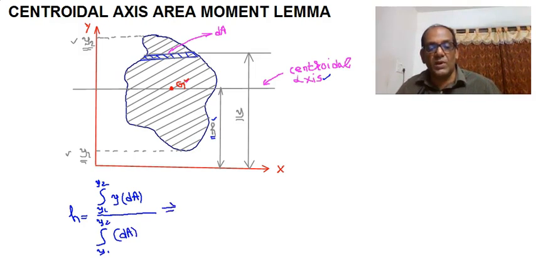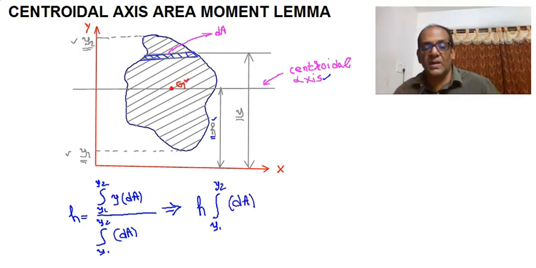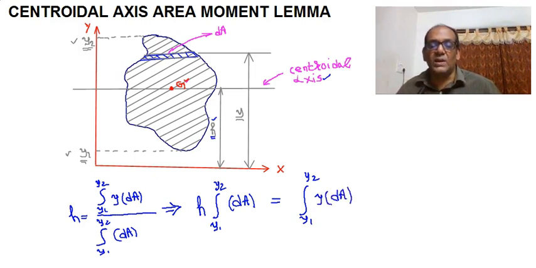This would imply, taking the denominator onto the other side of the equal to sign, h multiplied by integral y1 to y2 of dA is equal to integral y1 to y2 of y times dA. Now we do a little bit of notation again.